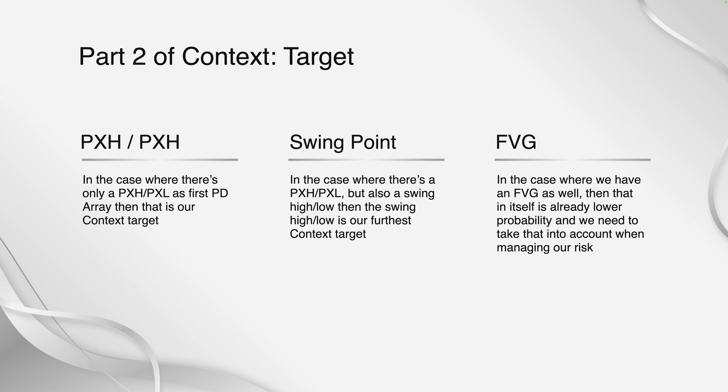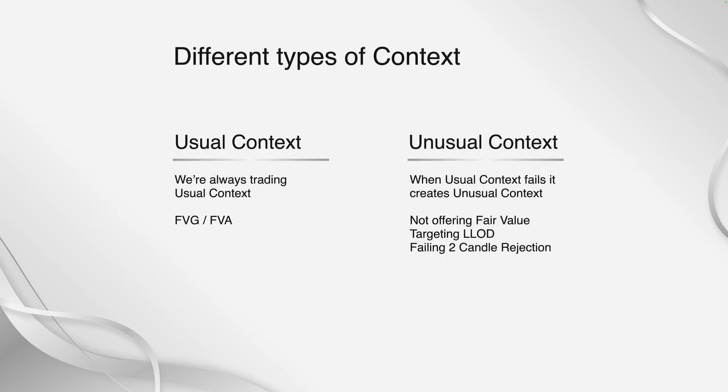Now, after this, we have created certain context areas, and there are different types of context as well, because we have usual context, and at any given moment in time, we are always trading usual context. That's the goal. The usual context is the examples we went over.